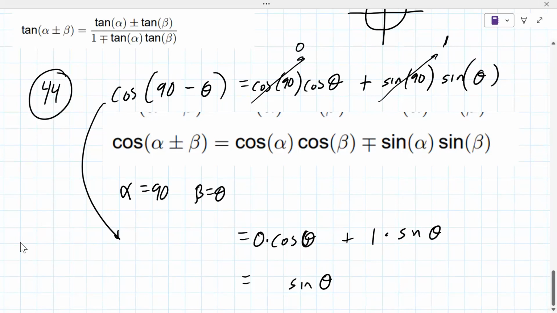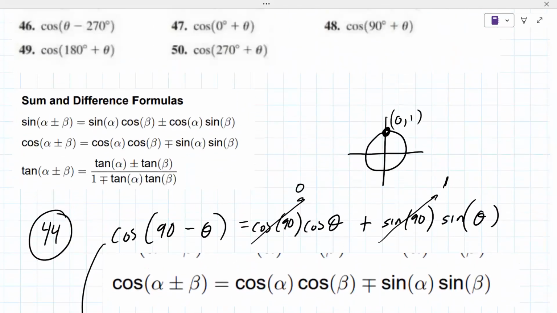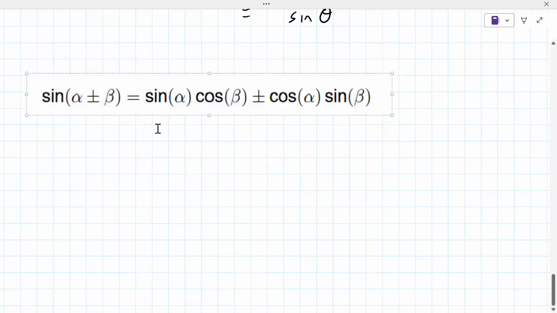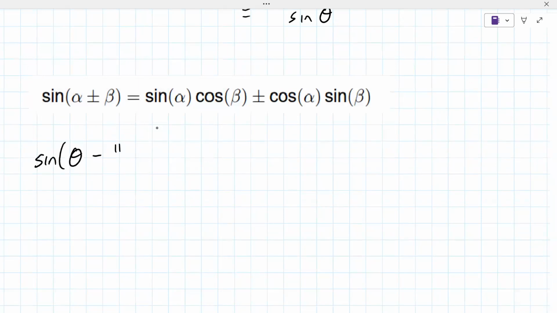All right. Let's do a sine now. I'll just make one up for sine because there are no sines in there. And we'll use some radians here. So we'll go sine of theta minus pi over 2.